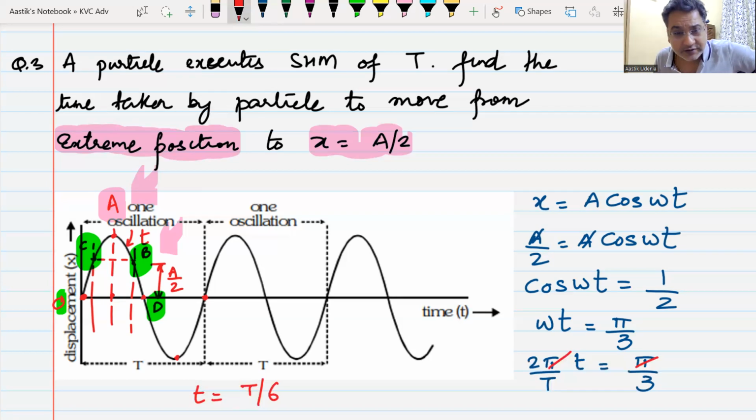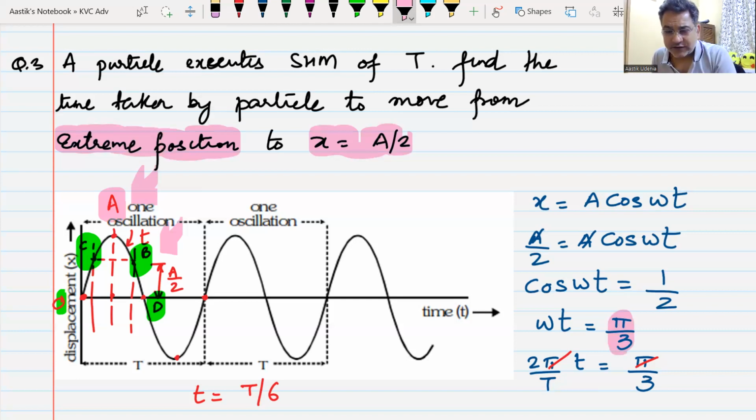This is one way of doing it. The other way of doing it is the way that you have told me. You can find out the phase of the particle. From the extreme end, the phase is pi by 3. From that phase difference, you can find out the time difference. A phase difference of pi will give you a time difference of T by 2.